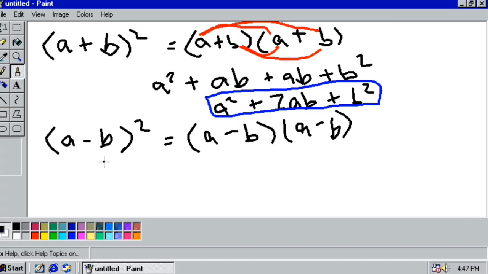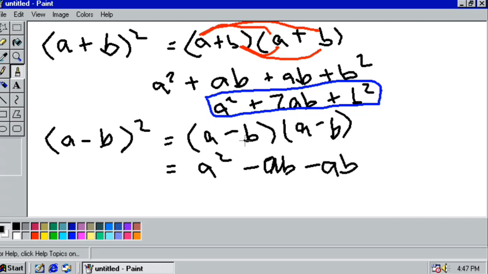Now, how about this? Minus sign. So we can still use the FOIL method. A times a is a squared. A times negative b is negative ab. B times a is negative ab.